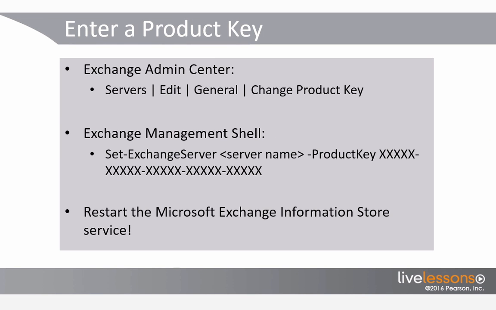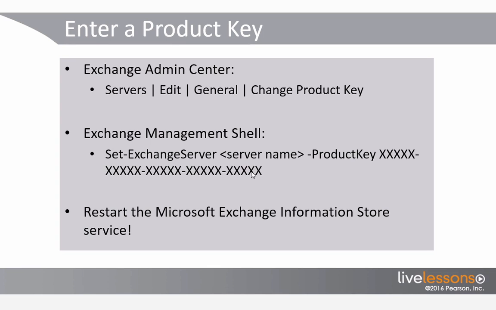So the first thing that we want to do following the installation process is to enter a product key for our Exchange server. And there are two ways you can do this. You can use the Exchange Admin Center, or you can use the Exchange Management Shell. If you decide to use the Exchange Management Shell, then you would do this by using the Set-ExchangeServer cmdlet, followed by the name of the server, and then you're going to specify the ProductKey switch followed by the product key.